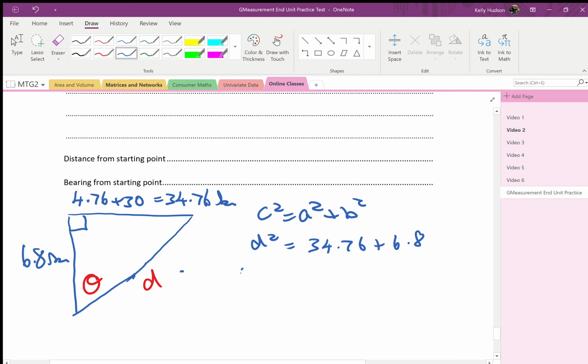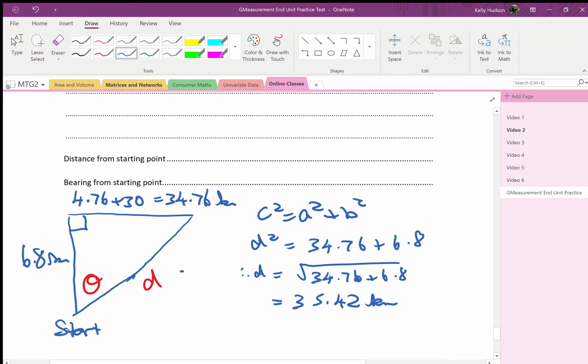Then I'd say therefore d is the square root of all that. I work it out in my calculator and I get 35.42 kilometers. So from the start to where the boat finished, which is I think point C, the distance is 35.42.